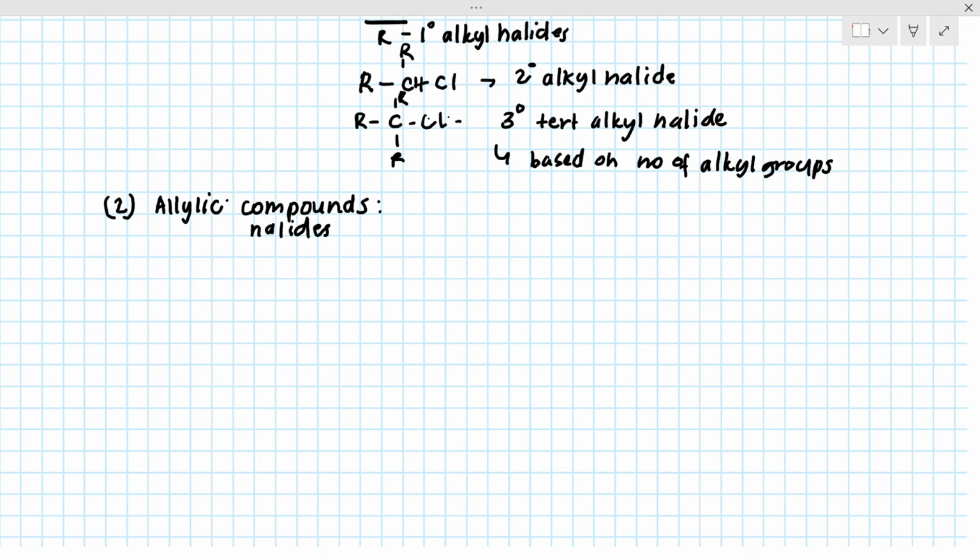These are when the halogen is attached to a carbon that is next to a carbon-carbon double bond.